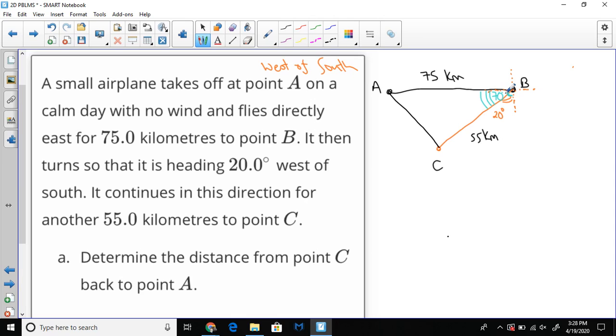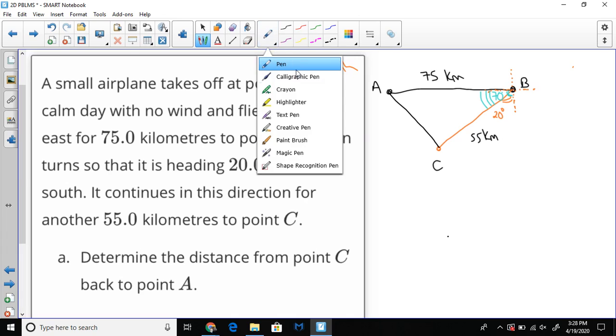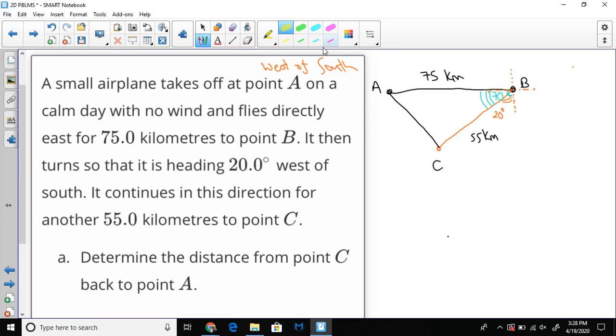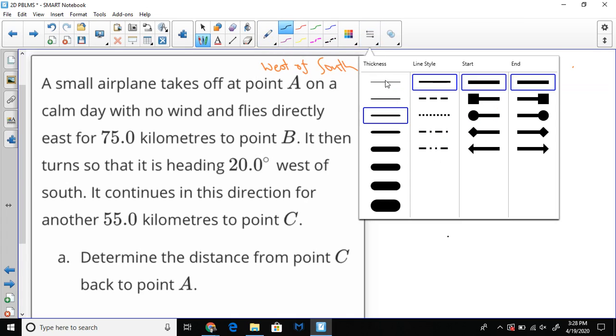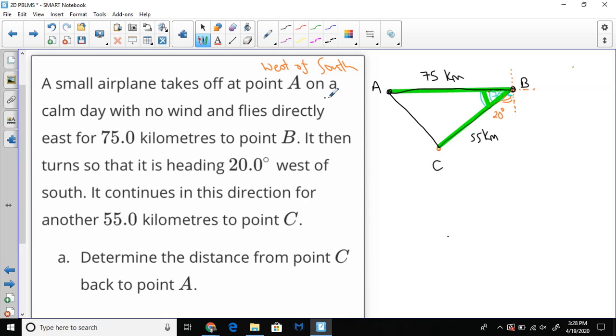Now if you notice, even before we get to the actual question, what am I given? I'm given a side, the angle between it, and another side. So when you look at that, you should be thinking, I'm going to use the cosine law to solve this, or at least I'll be asked a question about the cosine law.